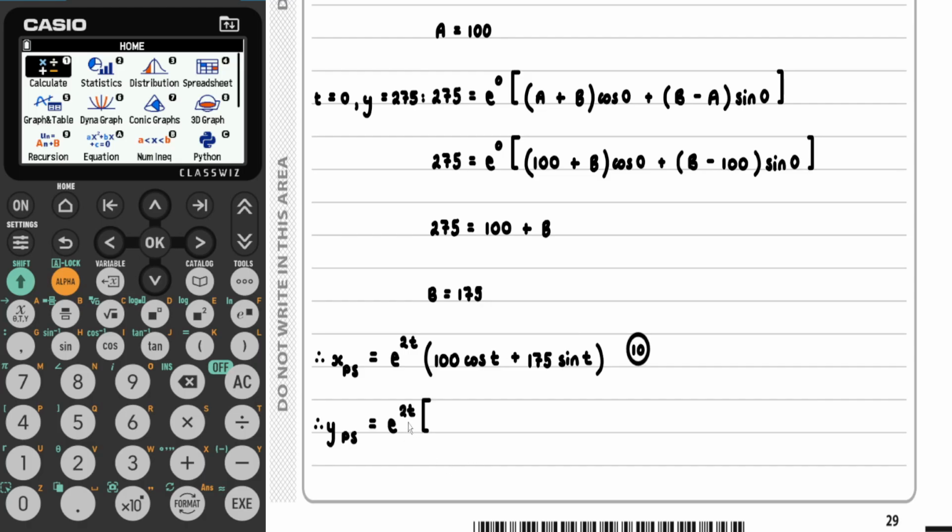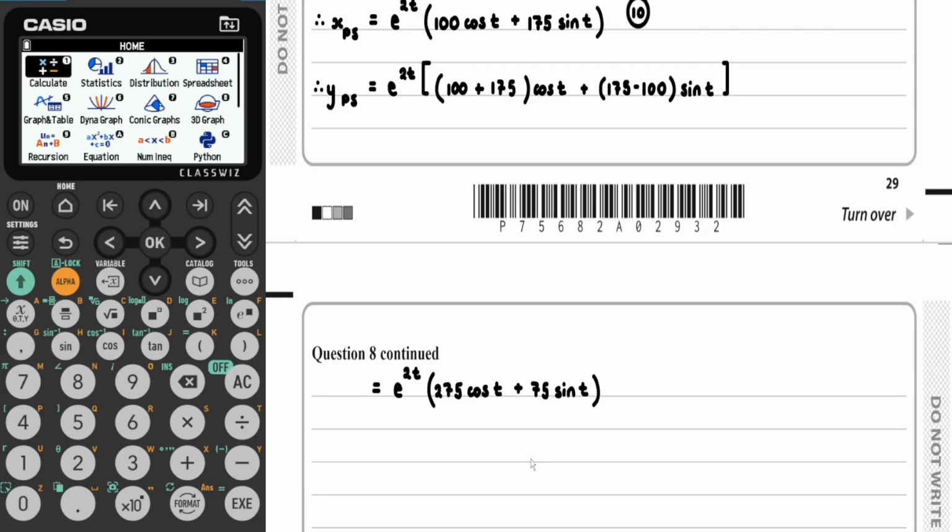So we have e to the 2t multiplied by ((100 plus 175) cos t plus (175 take away 100) sin t). And this simplifies to e to the 2t times (275 cos t plus 75 sin t).